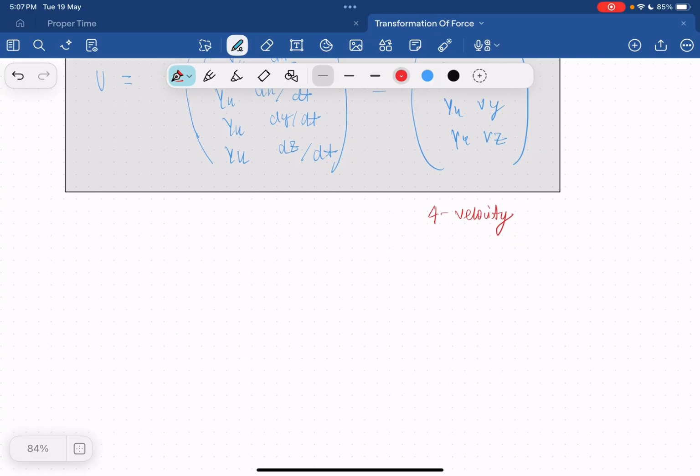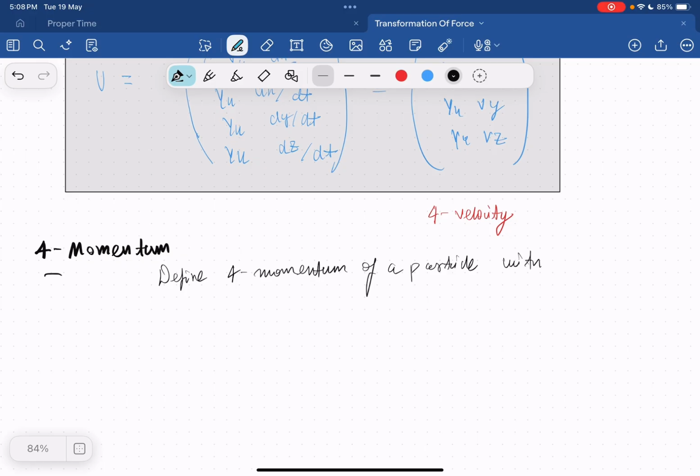Now we can move on to defining four momentum. So we define the four momentum of a particle with four velocity u and mass m naught.